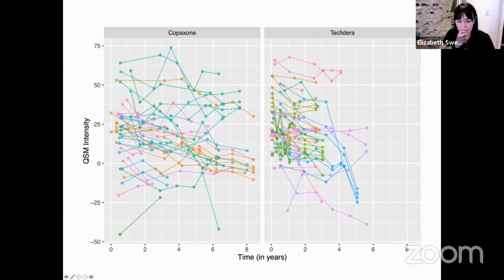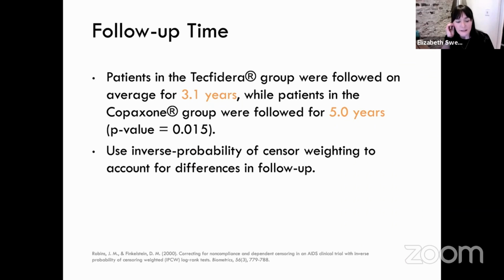One of the big things you may notice when you look at this plot is that the time of follow-up for the Copaxone patients is much larger than those in the Tecfidera group. Patients in the Tecfidera group were followed on average for 3.1 years, while patients on Copaxone for 5 years, and that was statistically significant. So we used inverse probability of censoring weights to account for the difference in this follow-up time.